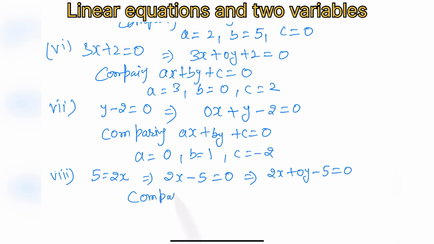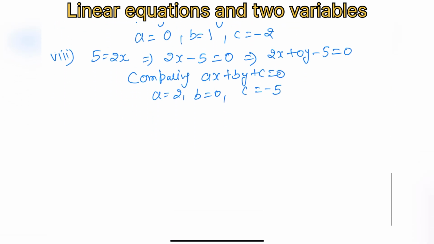Now comparing this with ax plus by plus c is equal to 0, it means the value of a is 2, the value of b is equal to 0 and the value of c is equal to minus 5. So these are the parts of question number 2 from exercise 1.